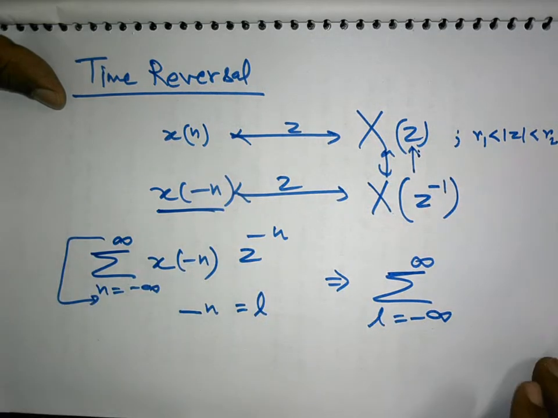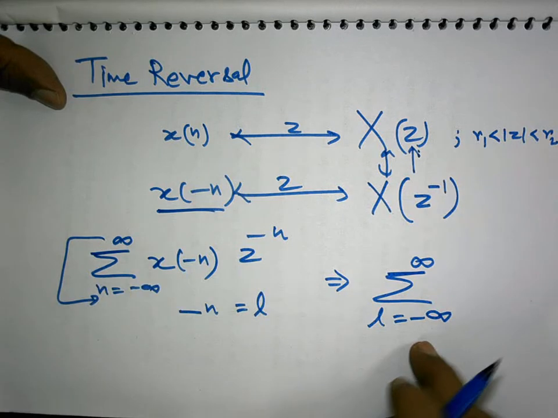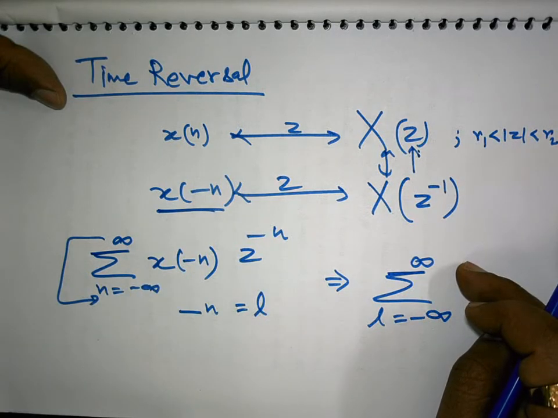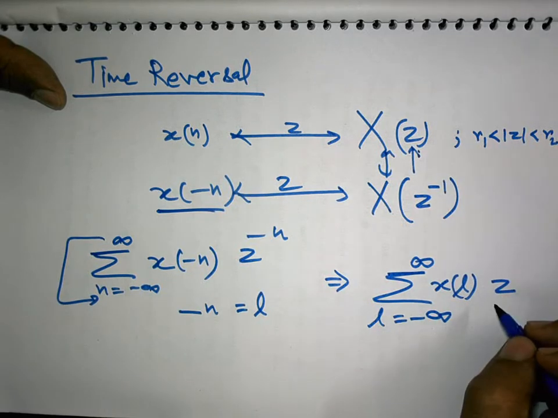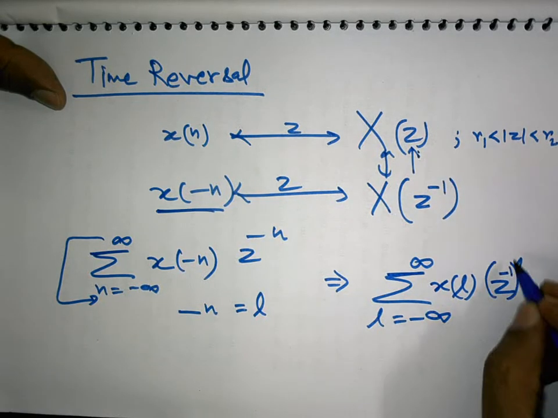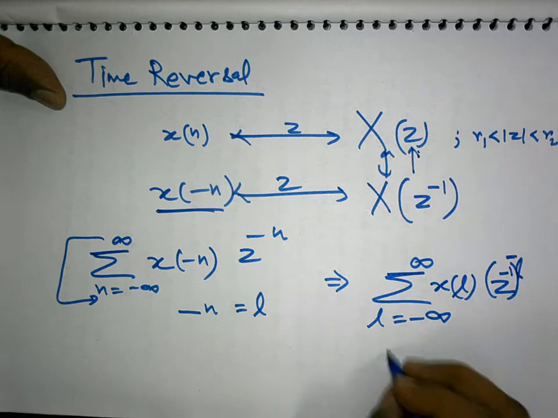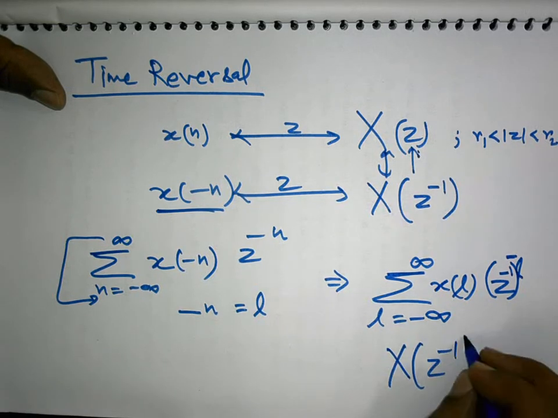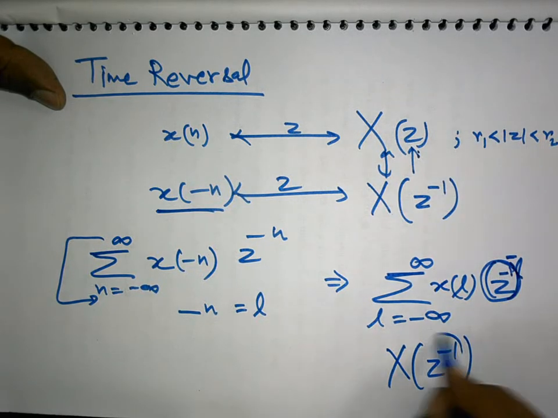So, the limits will be reversed, L equal to infinity to minus infinity. So, it can be written as L equal to minus infinity to infinity, no harm, of x[L] z to the power L. You can say that this is z to the power minus 1, raised to the power minus L. So, this is simply X(z inverse), meaning inside the bracket this expression will come out.